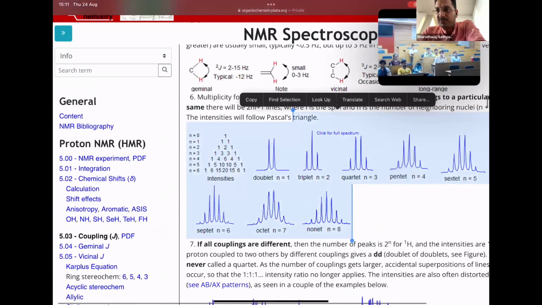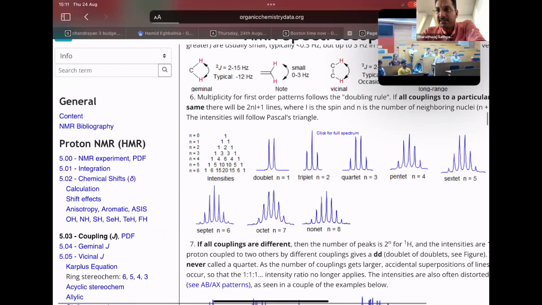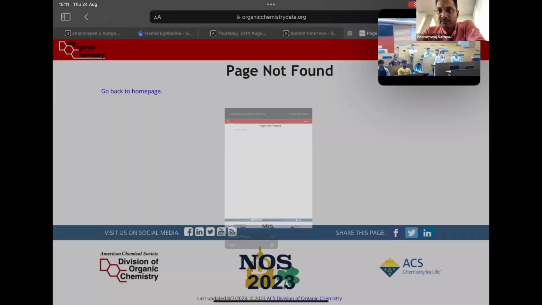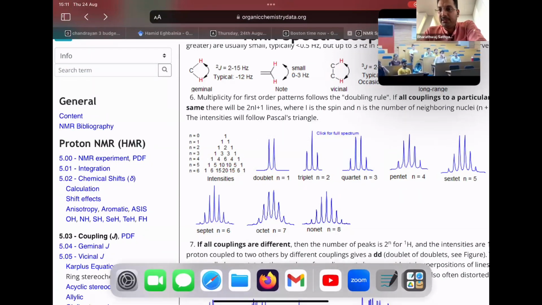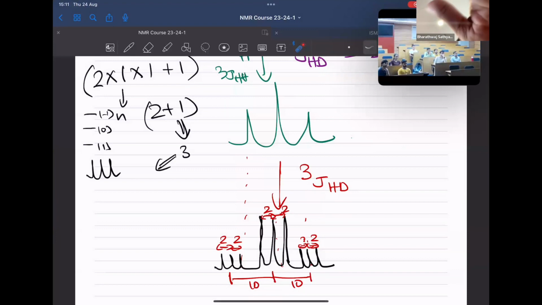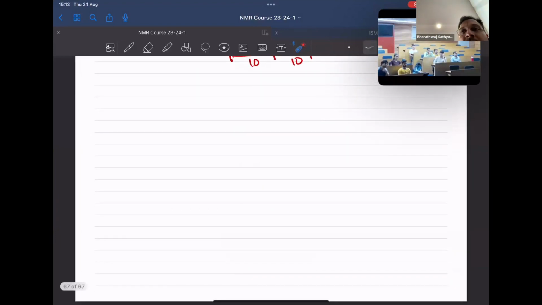The 2nI plus 1 rule translates to something called a Pascal's triangle. So what's a Pascal's triangle? You can build up this 2nI plus 1 as follows: when you have no coupling partners, you get a singlet. When you have one coupling partner, it comes up as a doublet.